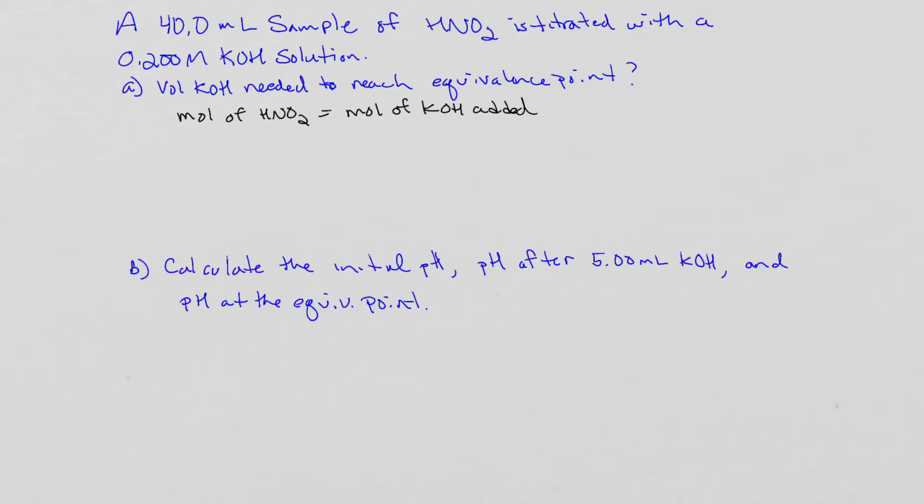I forgot to add in the problem here. This is a 0.100 molar HNO2 concentration. So we have to start with the acid here because we know both the volume that we've used and the concentration.